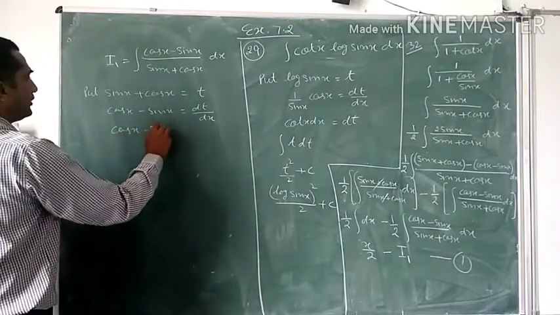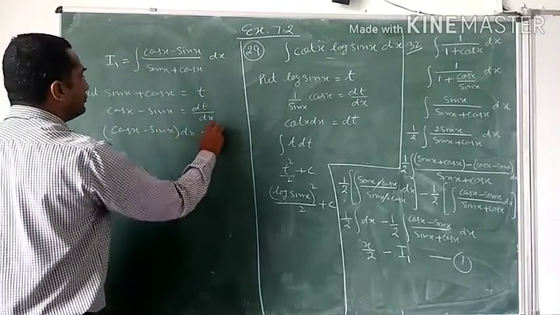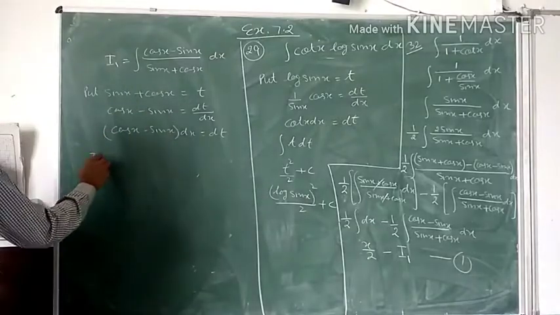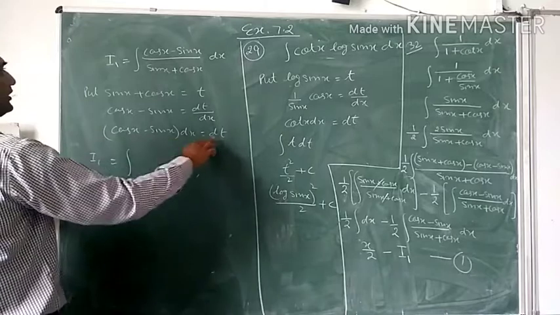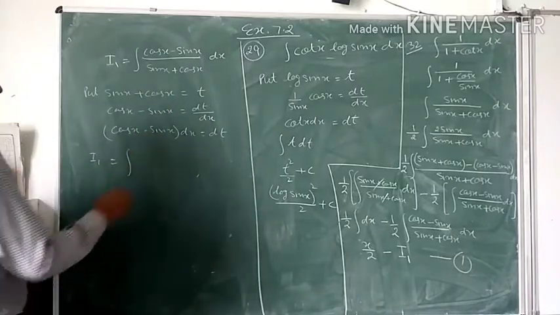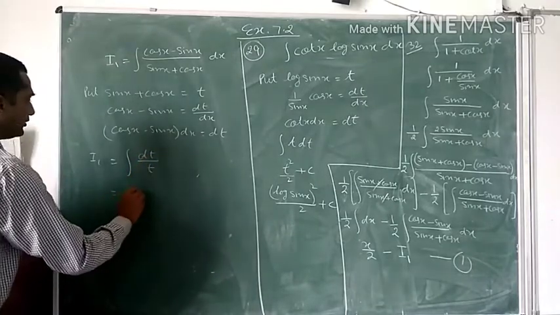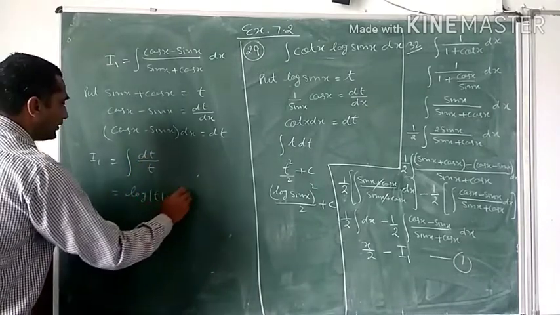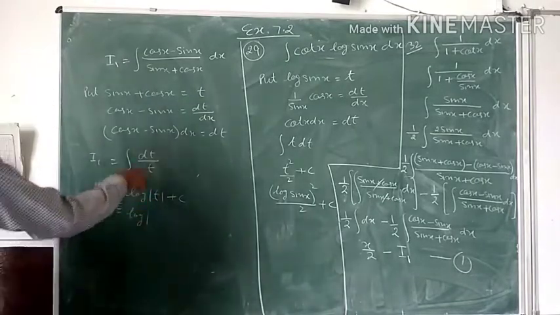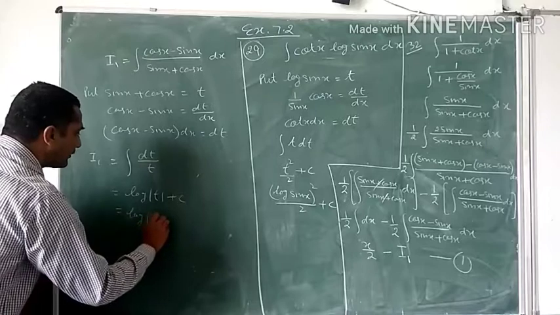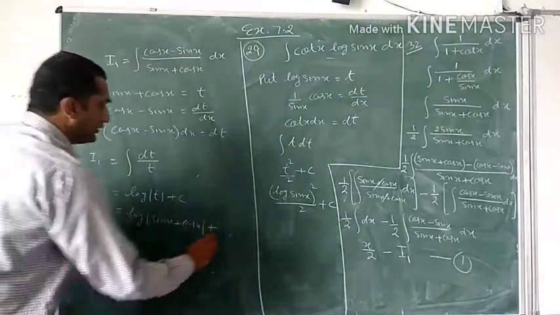Cos x minus sin x into dx is equal to dt. So I1 is equal to integration of dt over t. So it will be log t plus c. Substituting the value of t here, log of sin x plus cos x plus c.